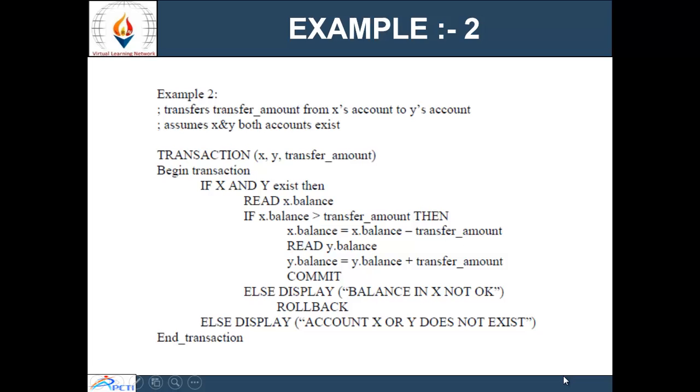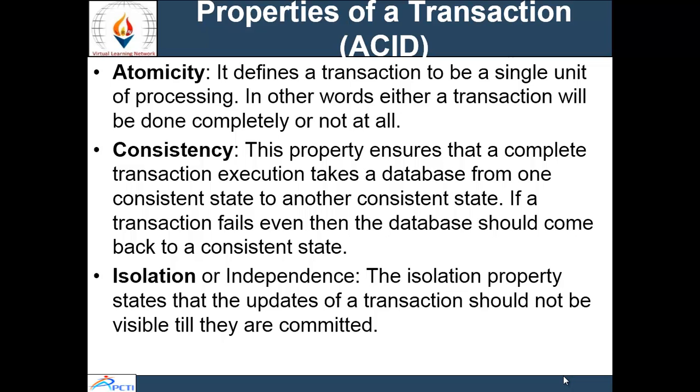Data items are resources used by two or more transactions, on which you can perform a read operation, a write operation, or an update operation also. Now, to preserve the integrity of the transactions, or to ensure the correctness of a transaction, the transaction should satisfy the ACID properties, that is atomicity, consistency, isolation, and durability.